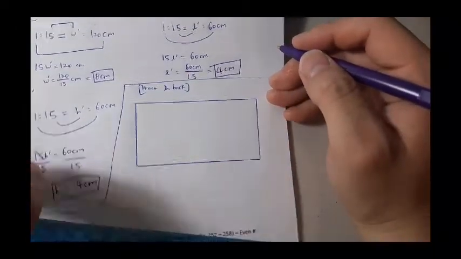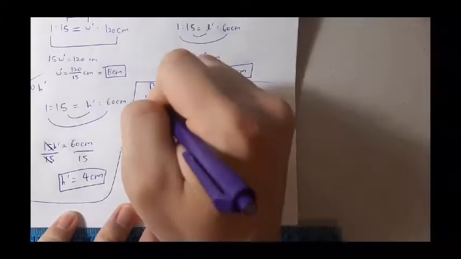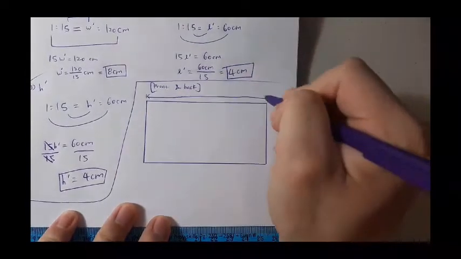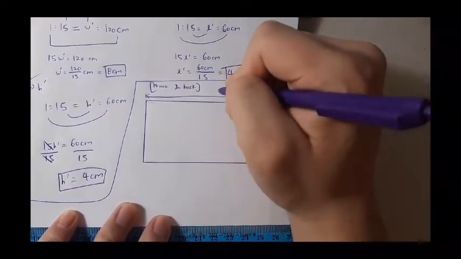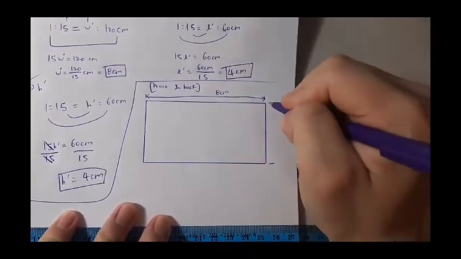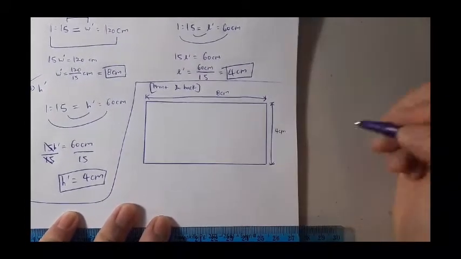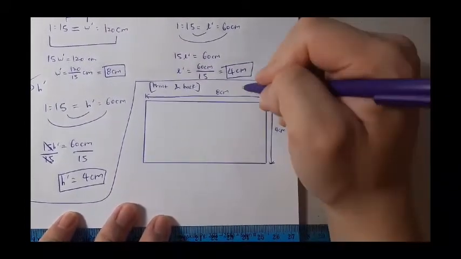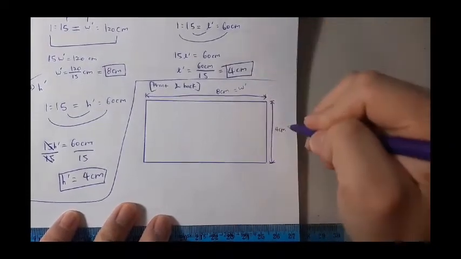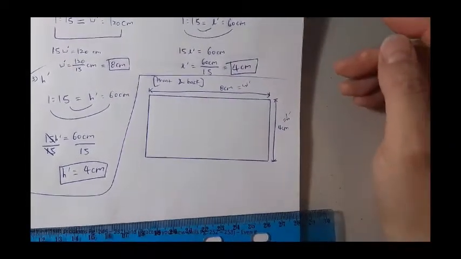And I can say from here to here is my new width, which is 8 centimeter. From here to here is my 4 centimeter, and that is my new width and then new height. That's my front and back.